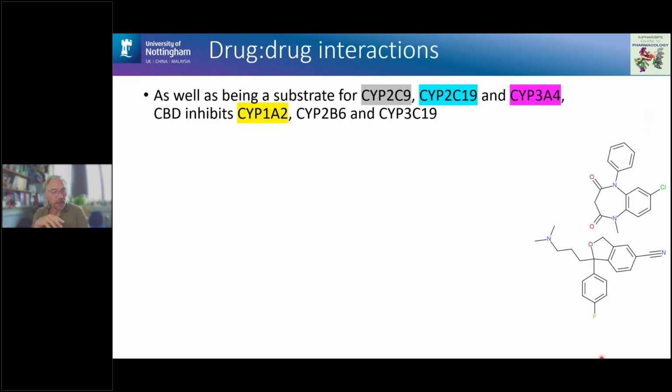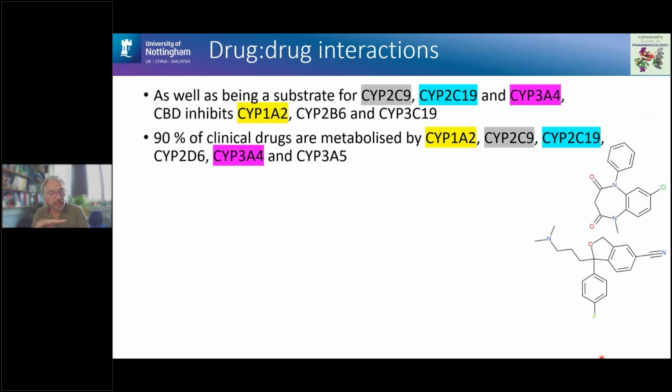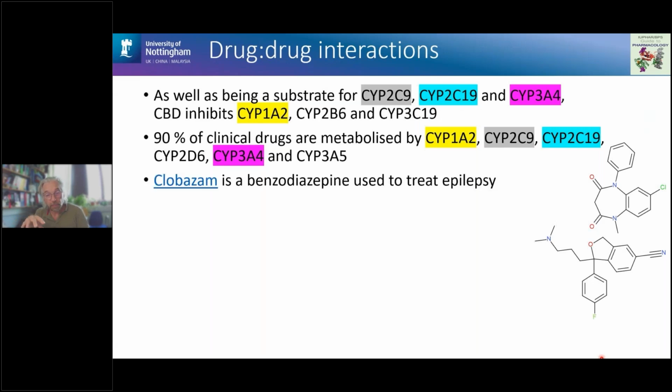So I've color-coded those because the relevance is that there are 6 cytochrome P450s that metabolize 90% of clinical drugs. And you can see from the color coding that 4 of those 6 are ones for which CBD is either a substrate or an inhibitor, and it would tend to slow down the metabolism of drugs which are metabolized through those routes.